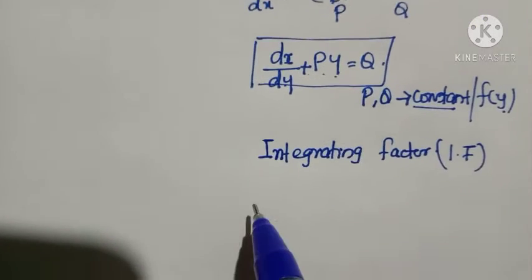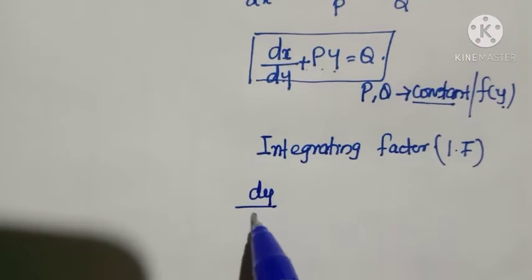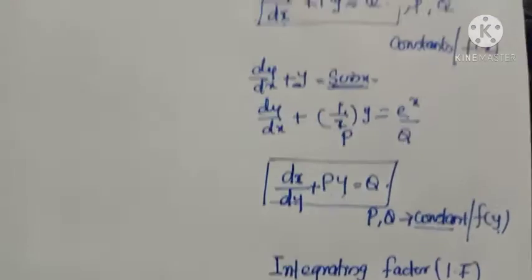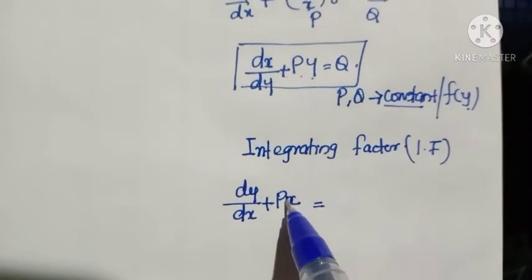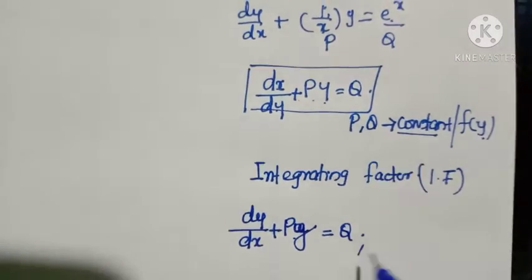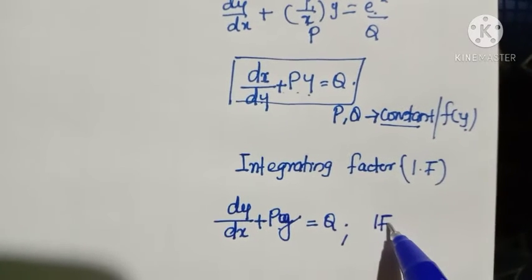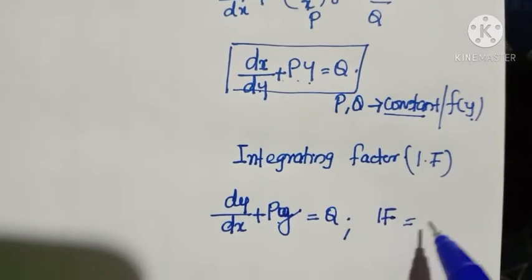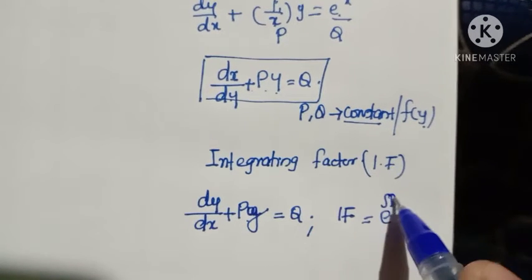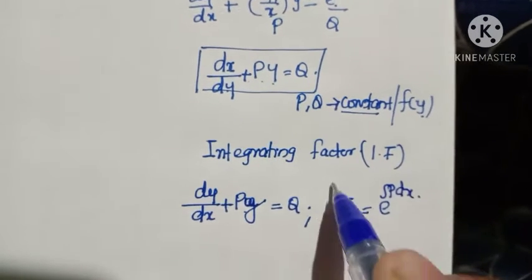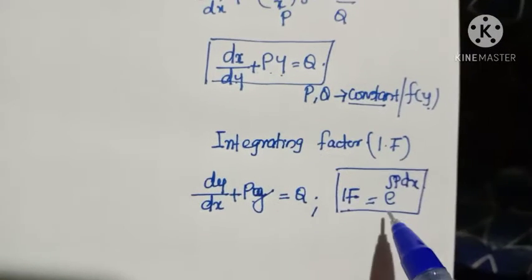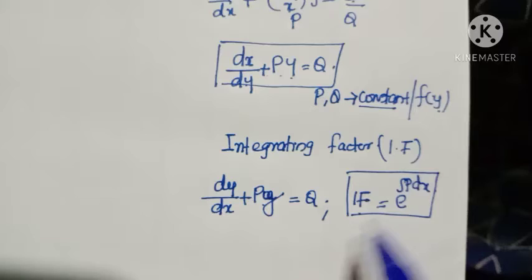In the form dy by dx plus py is equal to q, we find the integrating factor by the formula e raised to integral p dx.